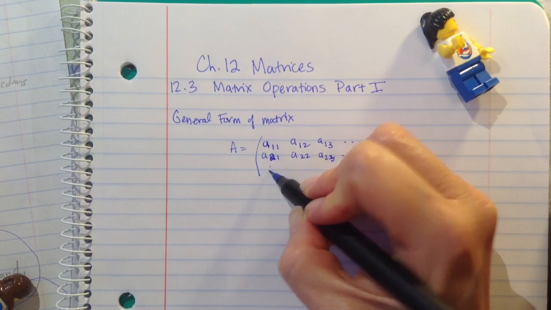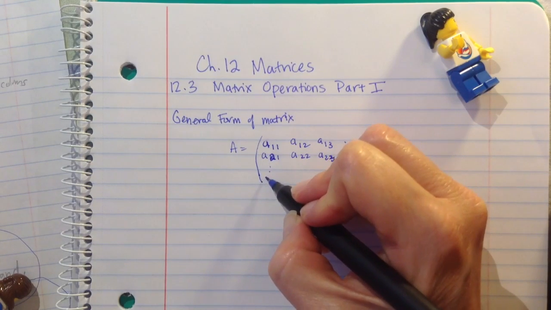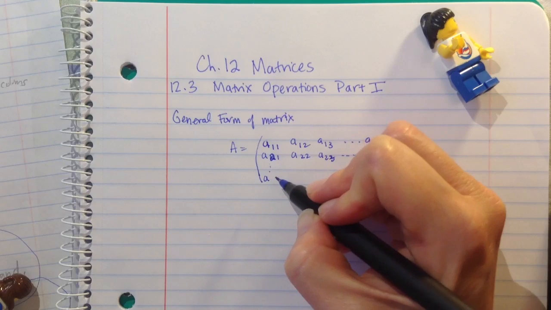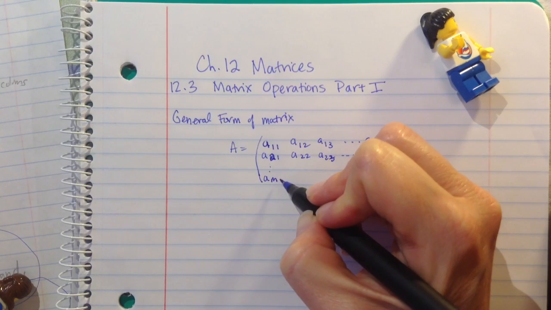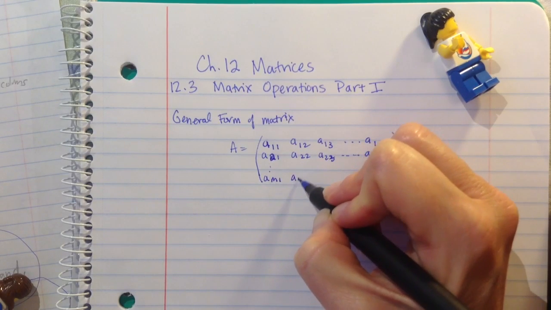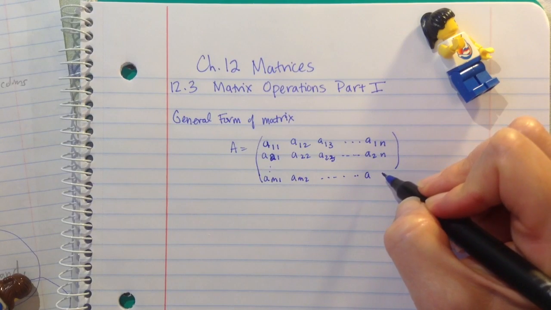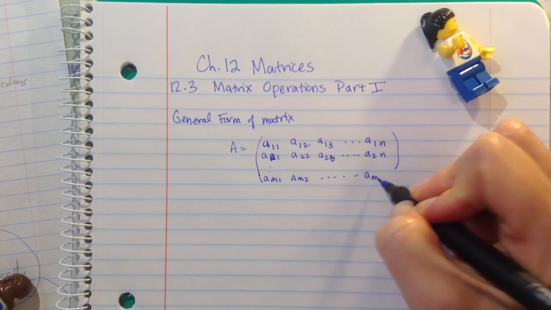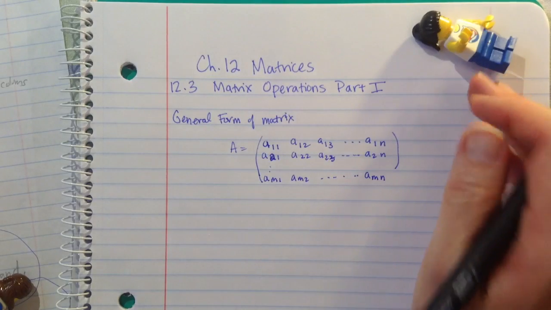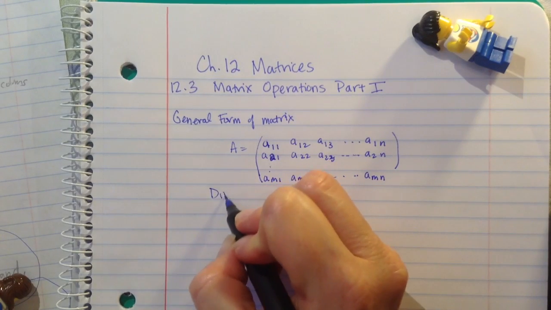And we would continue this down to the last row, which we'll indicate with an m. So this would be Am1, Am2, all the way over to the very last entry, which is in row m, column n.